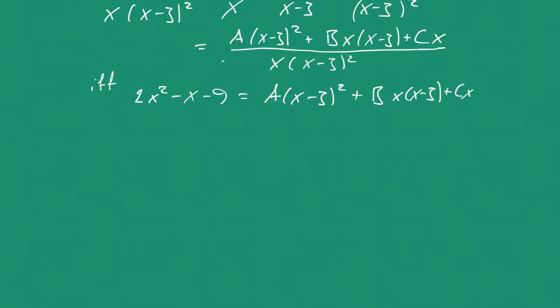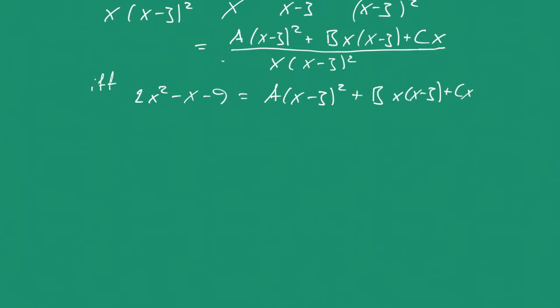Now, this is going to have to be true for all values of x, and so it's going to be true for any particular value of x. So we're going to try to use the method where we pick various values of x, evaluate the left-hand side, then evaluate the right-hand side, equate them, and use that method to solve for a, b, and c.